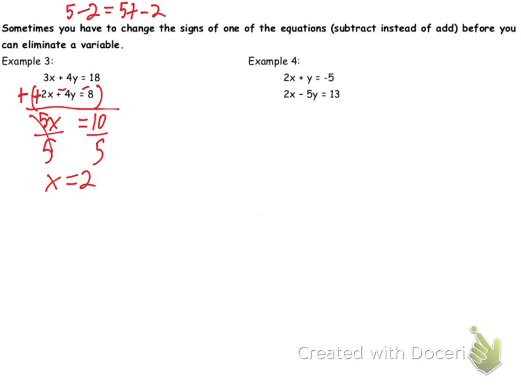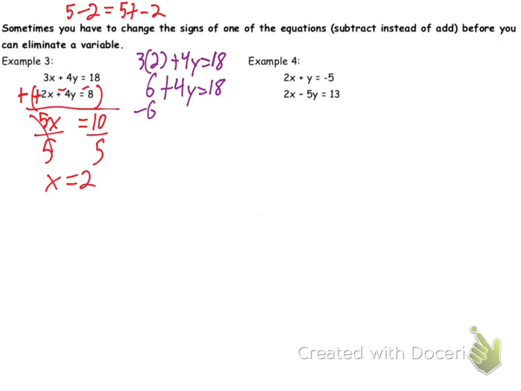Okay? So we're best off choosing this 3x plus 4y equals 18. So instead of 3x, it's 3 times 2 plus 4y equals 18. So everything's the same, except for x is now 2. So what's 3 times 2? 6. 6 plus 4y equals 18. How do we get the 4y by itself?